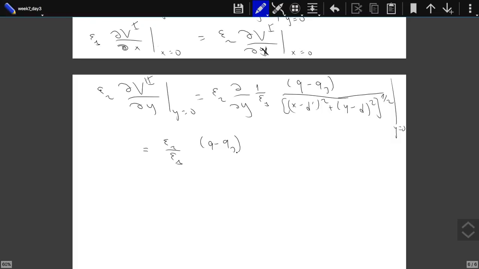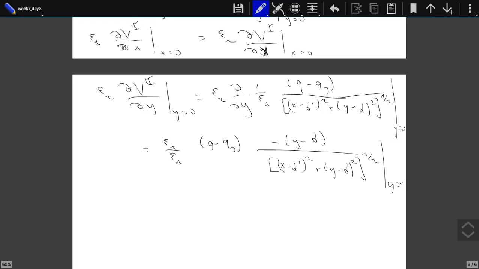Well, if you take the derivative with respect to y, you would get minus (y minus d) divided by ((x minus d prime) squared plus (y minus d) squared), all to the 3/2.